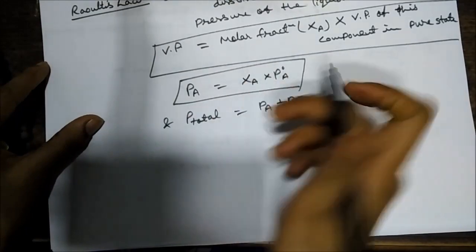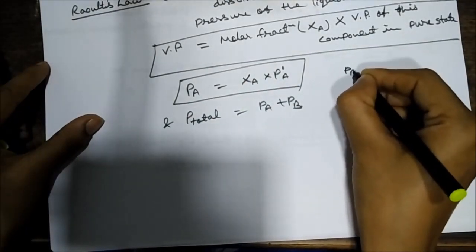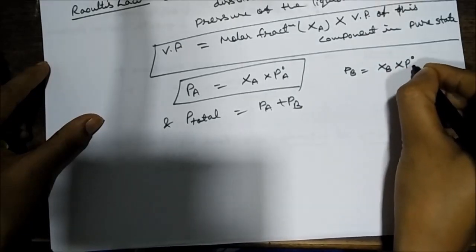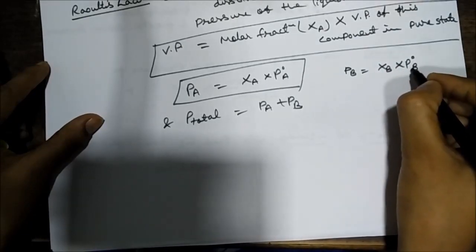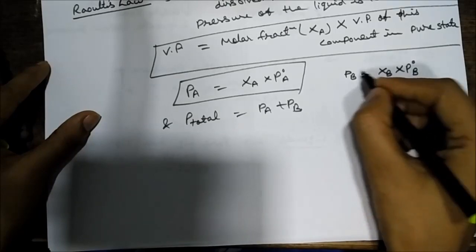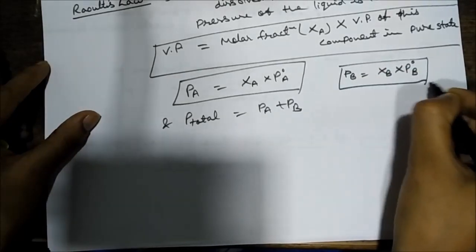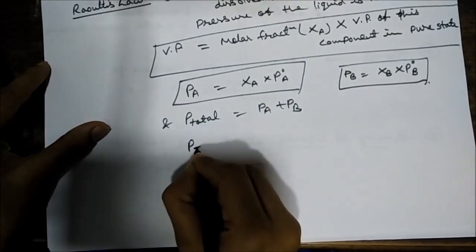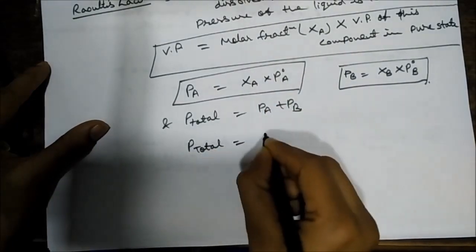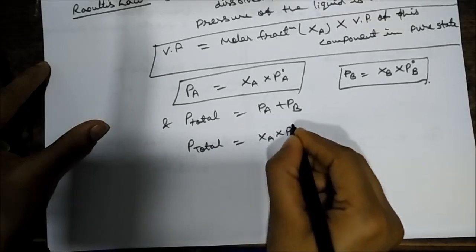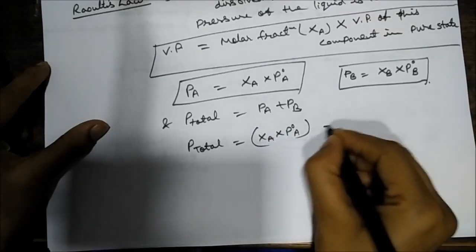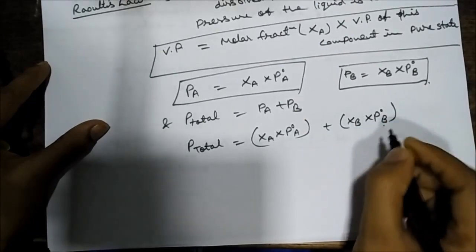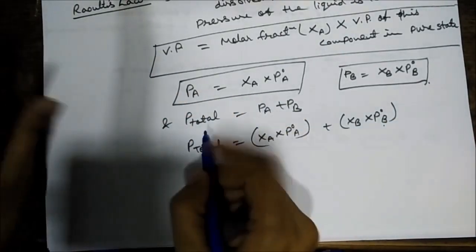For component B we can write Pb is equal to Xb into P naught B, where P naught B is the vapor pressure of component B in its pure state. After putting these values, P total will become this.